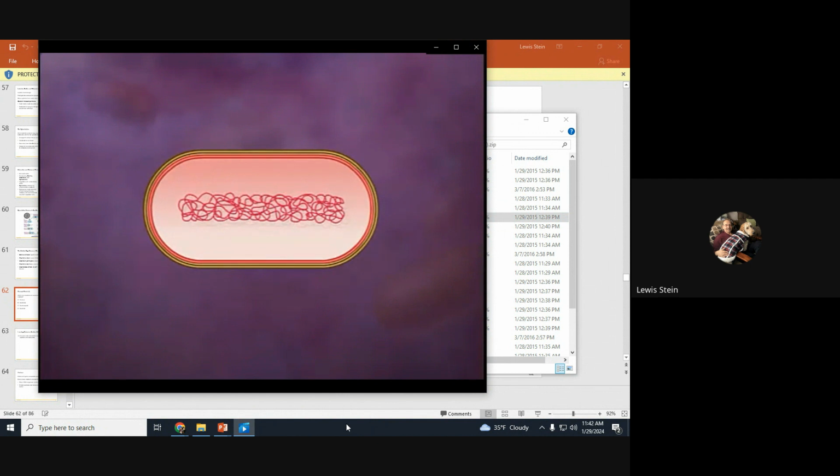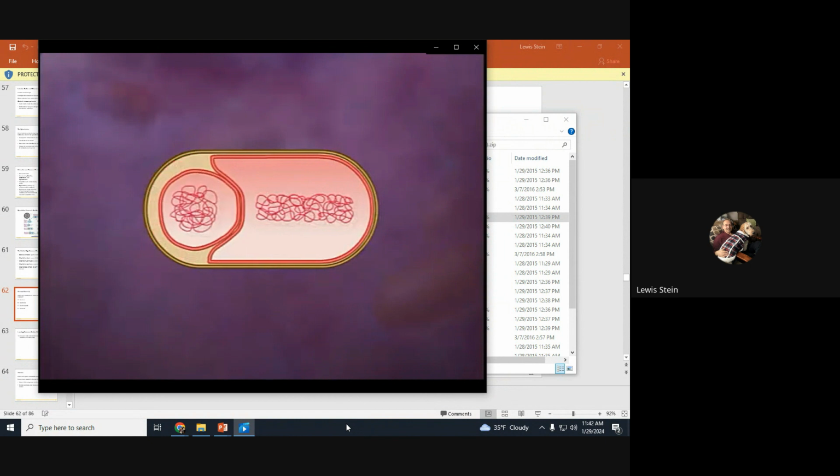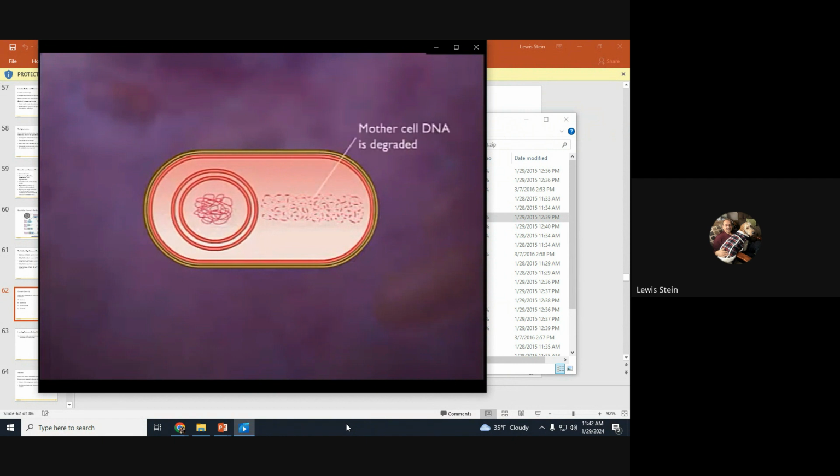The vegetative cell is now referred to as the mother cell. Next, the DNA divides into 2 complete copies, and the mother cell membrane invaginates to form the developing forespore. The mother cell membrane continues to grow and engulfs the developing spore. The developing spore is now surrounded by 2 membrane layers.